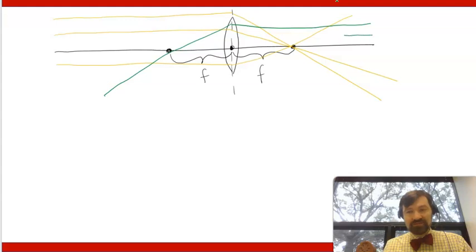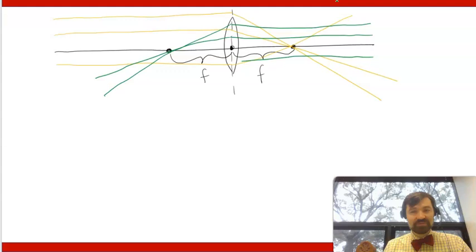And so if I have several rays incident from this direction parallel to the principal axis, they will also pass through a focal point, again the focal point on the opposite side of the lens from the side that they're incident from.